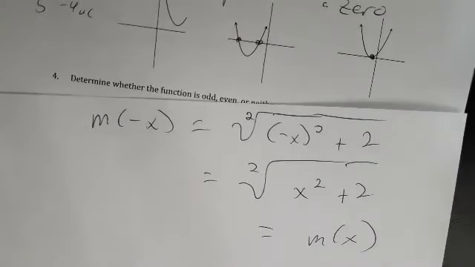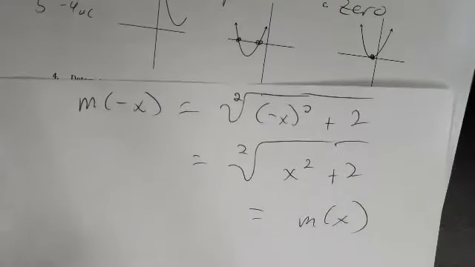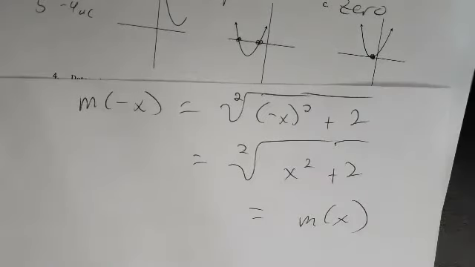What if it was cubed? Would that be neither? I think with cubes it would be neither at that point. I would have to graph it, to be honest. I think you might still get that symmetry.